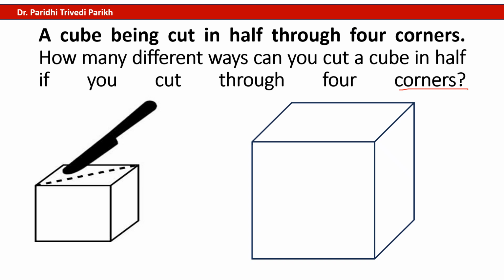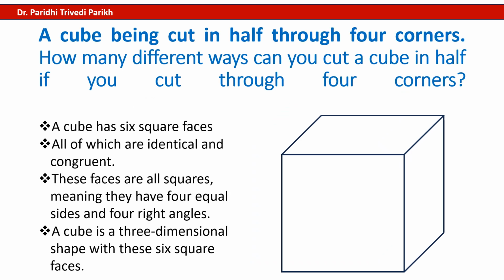Before we get into the details of the question, let's understand what a cube is all about. A cube has 6 square faces, all of which are identical and congruent. Congruent means having the same shape, identical means having the same size and shape both.